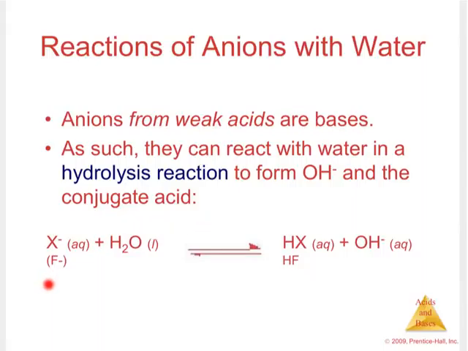So fluoride ions, the conjugate base of hydrofluoric acid, a weak acid, in water, will attract hydrogens from the water molecule, producing hydrofluoric acid, and what's left after the water has donated its proton is the hydroxide ion. So in this type of reaction, our anion is going to be our base. The water molecule is going to be acting as an acid.